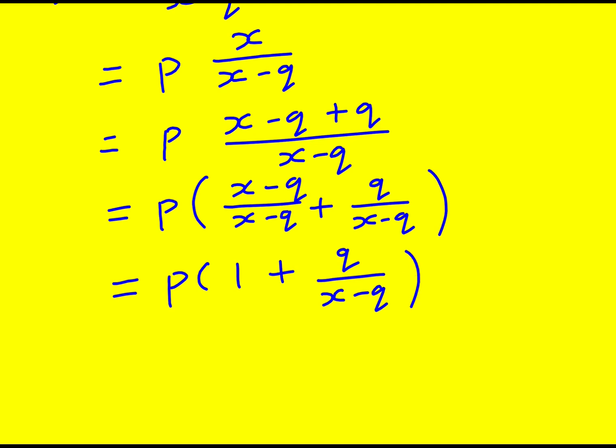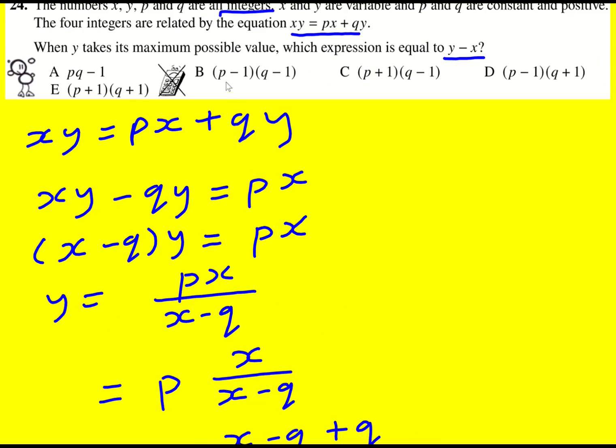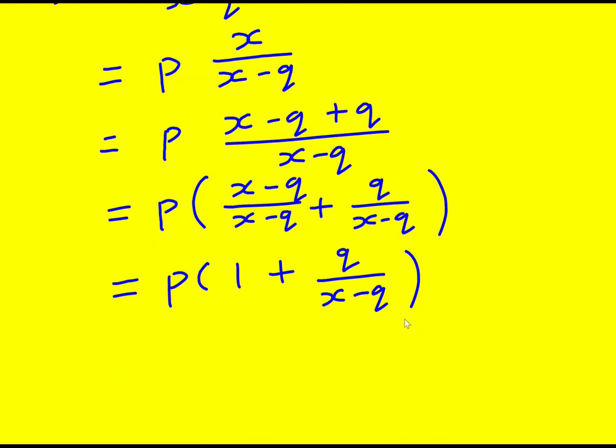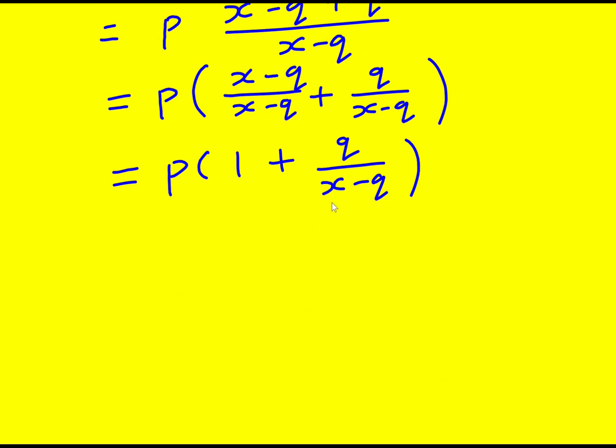Because now we come back to the fact that x and y are integers. So I am dividing by something, and I want to make y as big as possible. So I want to divide by something that's as small as possible, essentially. But I can't divide by 0. That's not going to be any good.